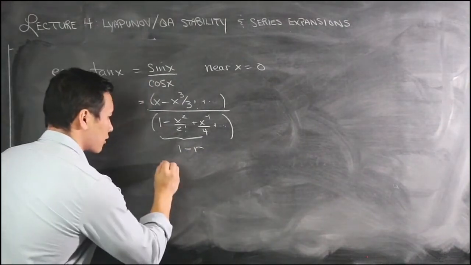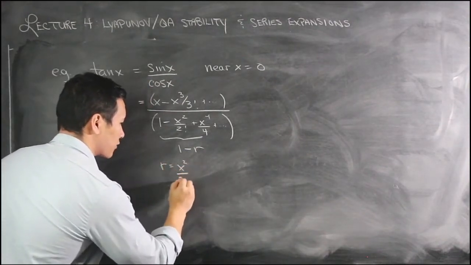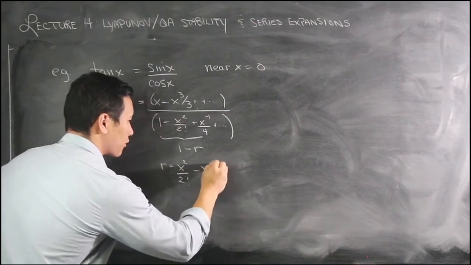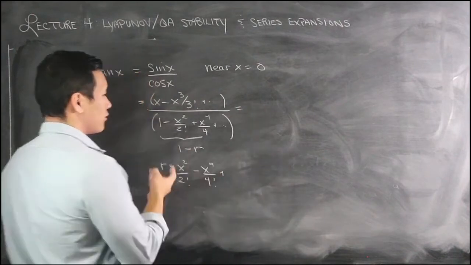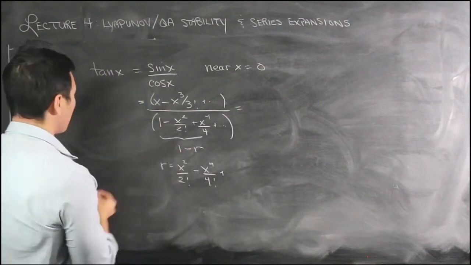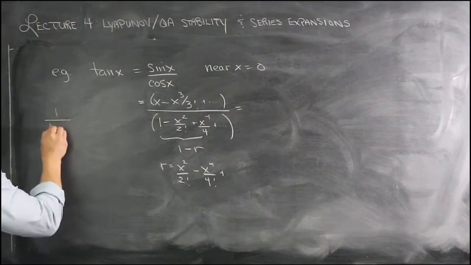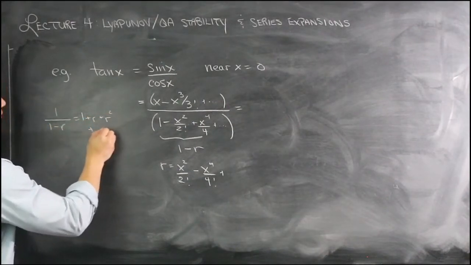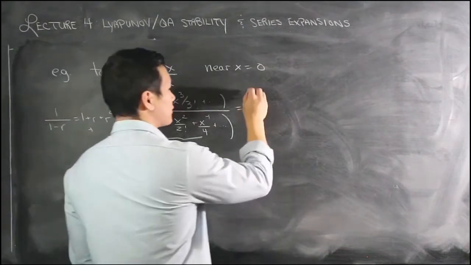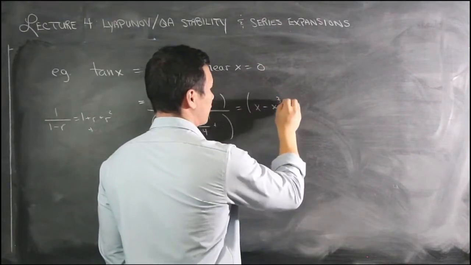Okay, so r here is x squared over 2 factorial minus x to the 4 over 4 factorial plus dot dot dot. And then you essentially use the formula that 1 over 1 minus r is 1 plus r plus r squared plus so forth, the geometric formula. So this gives you x minus x cubed over 3.